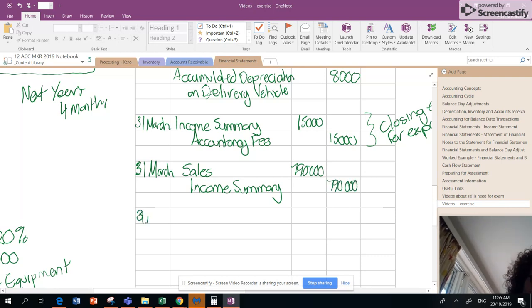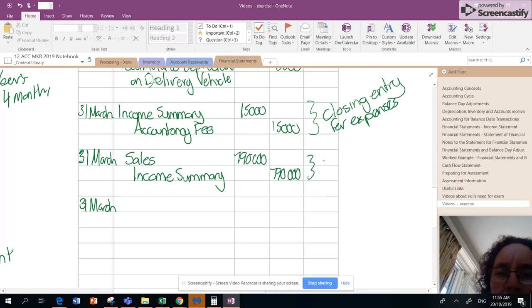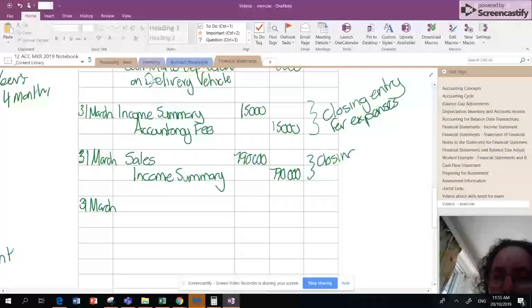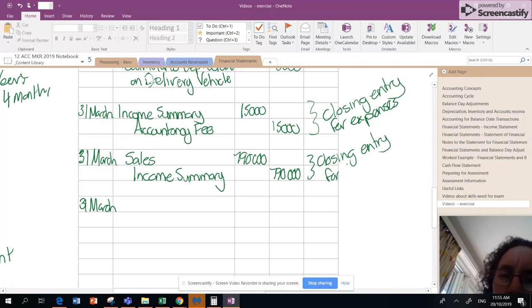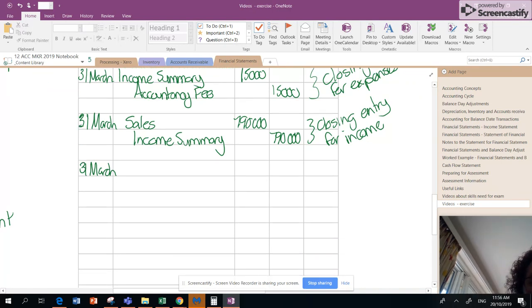There are only two other closing entries you need to know about, and they relate to the owner of the business. So we need to close off the profit and loss for the year to income summary, and we're going to close off drawings. So if we are in profit, we would debit income summary and credit capital.